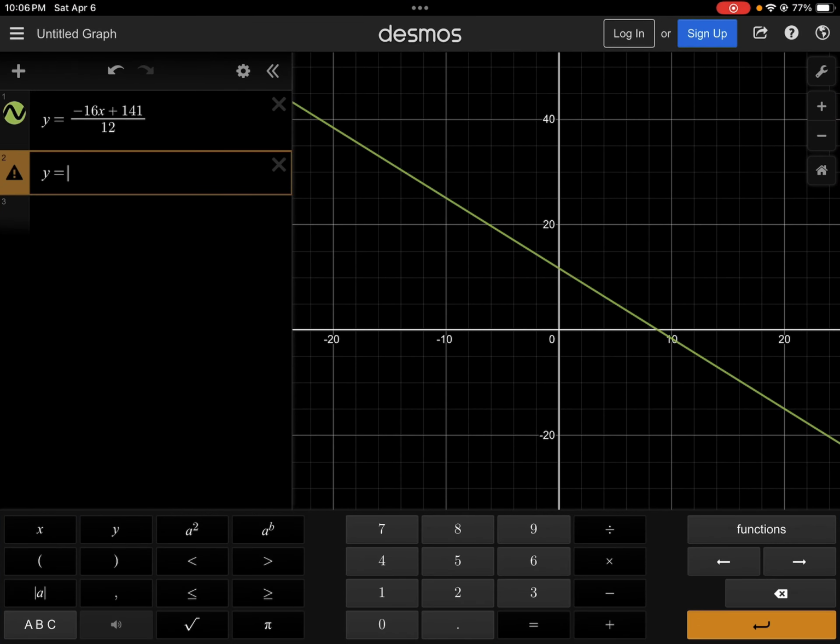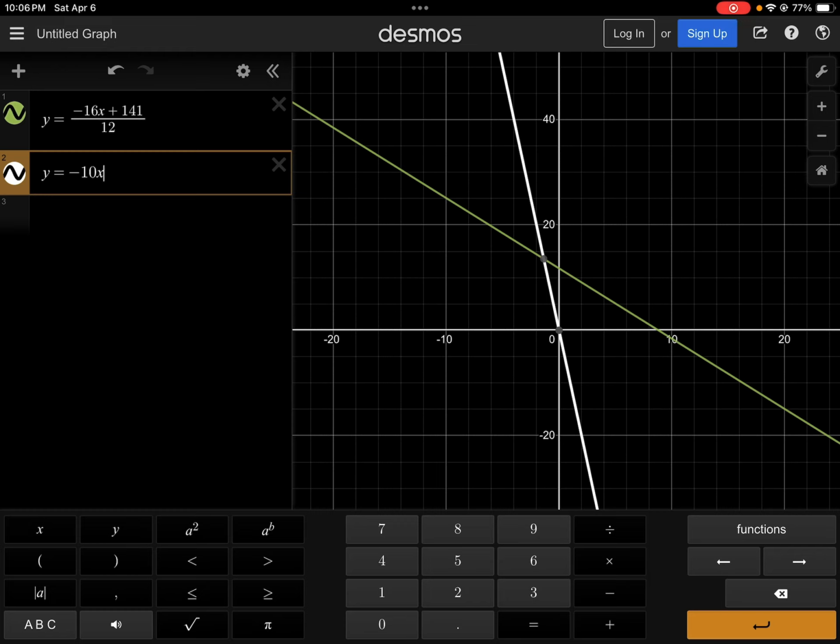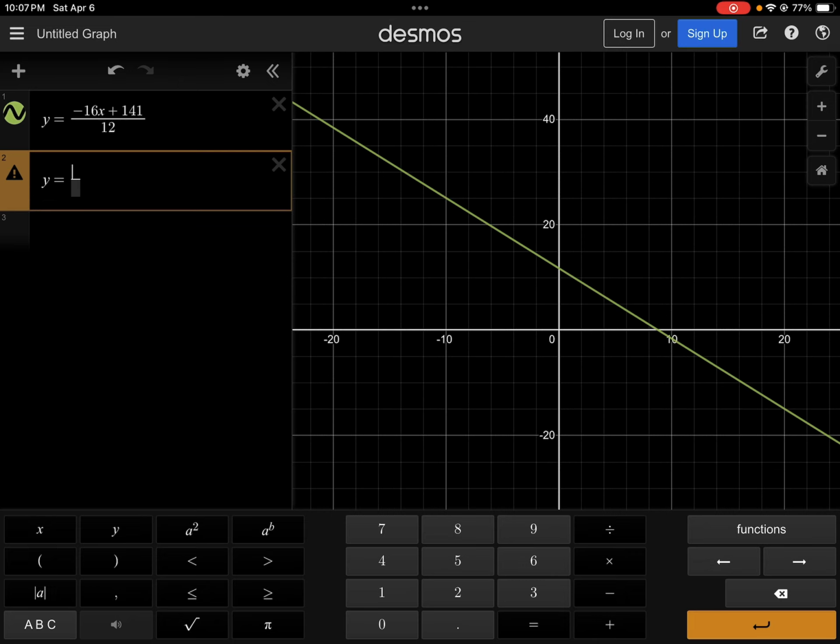Alright, and the next one should be negative 10x, and then oops, let's put the division sign first. Okay, I have the fraction line.